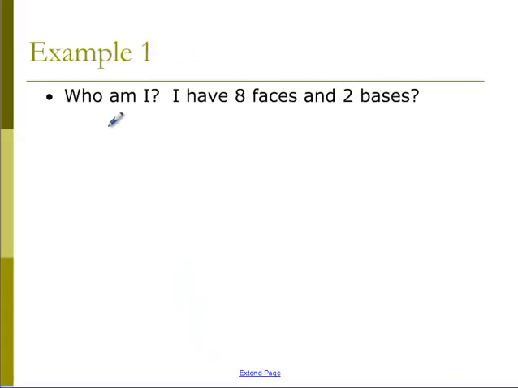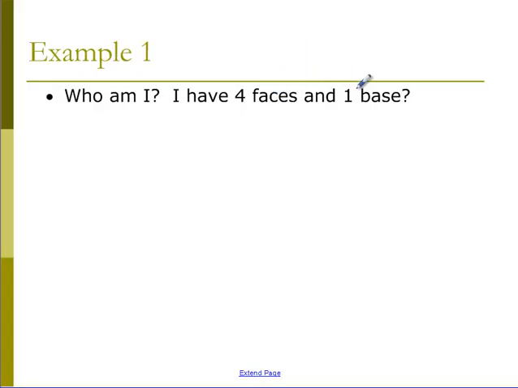So, what type of shape has 8 faces and 2 bases? Because it has 2 bases, I have to answer prism. Because it has 8 faces, that corresponds to the number of sides on the bases. Octagon prism.